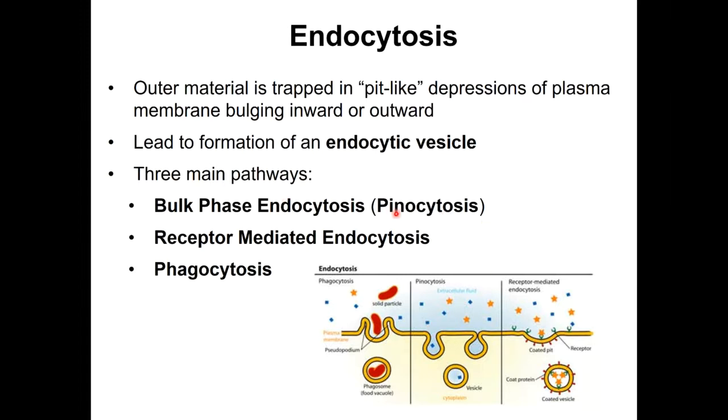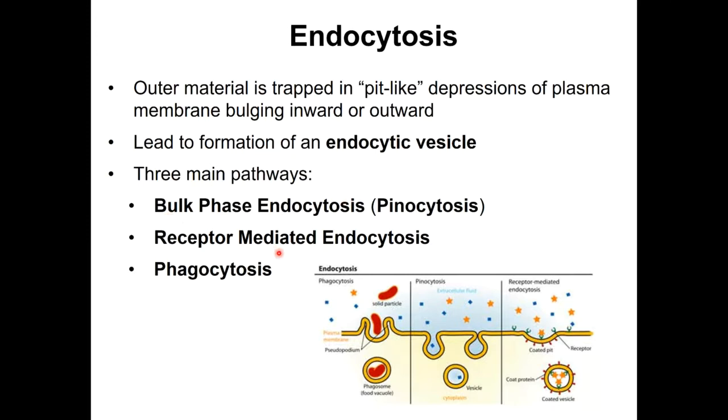Now, of these movements, the first one, pinocytosis, is non-specific, meaning that it takes material in all the time, keeps forming these vesicles all the time. No matter what the material outside is, it will take it in. It is referred to as pinocytosis, as we'll see in the next slide, because it takes drops of water with whatever is inside there.